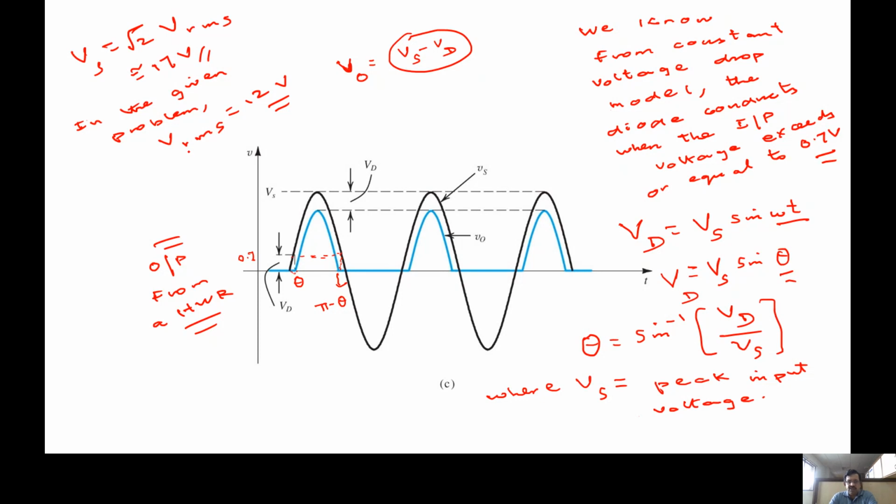If you look here, you can clearly see this is 17 volt, the output across this, but this is an instant value, not the DC average value. DC average we have to find, but you have to keep that aspect in mind.